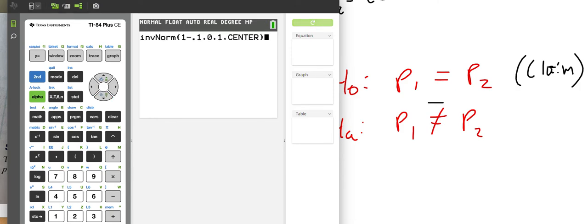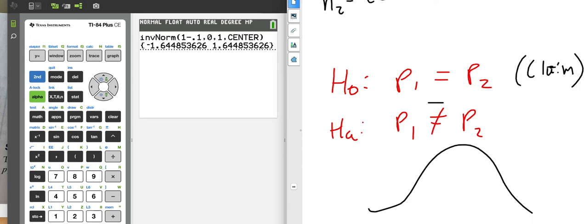So our critical values will be negative 1.645 and positive 1.645. So we're here. Our rejection region will be here and here, since it's two-tailed. These are our critical values, 1.645, negative 1.645.